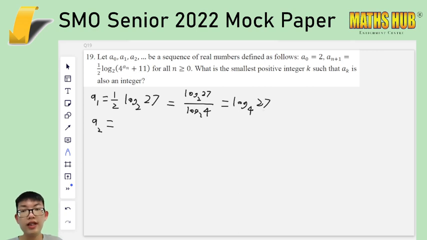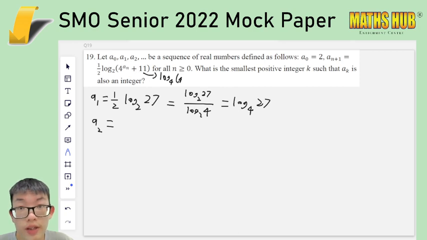Now once I see that, it makes the calculation a lot easier because this is no longer half log base 2. I can write it as log base 4 of (4 to the an plus 11). So the next one, for example, would just be log base 4 of 38.